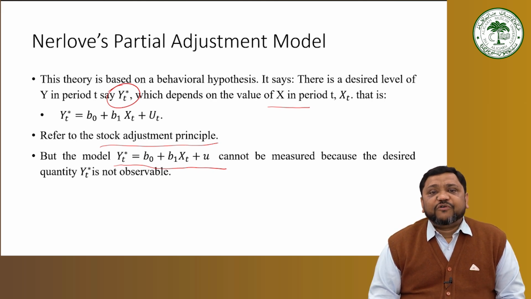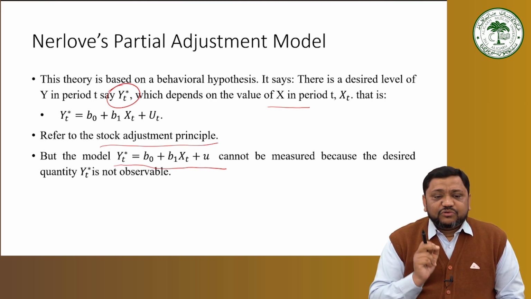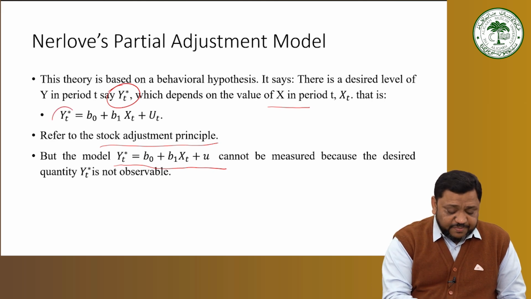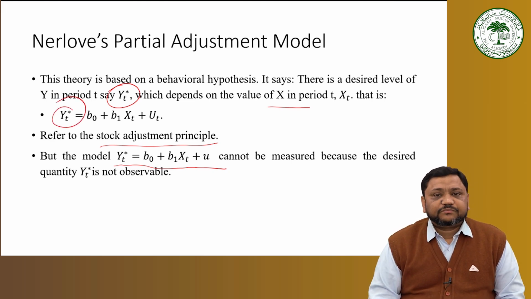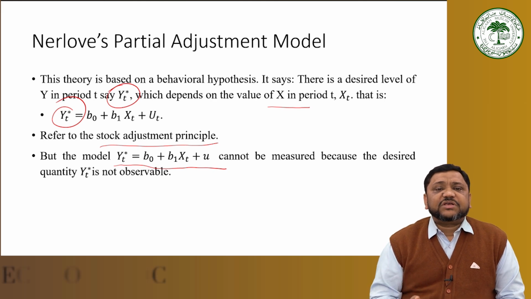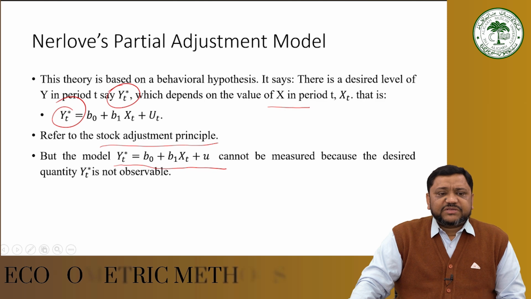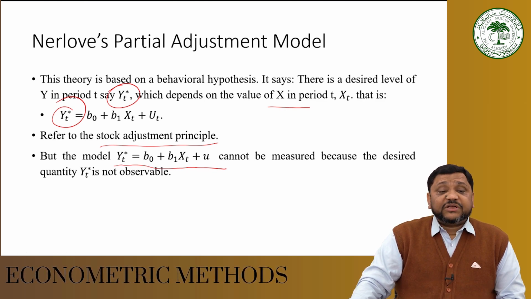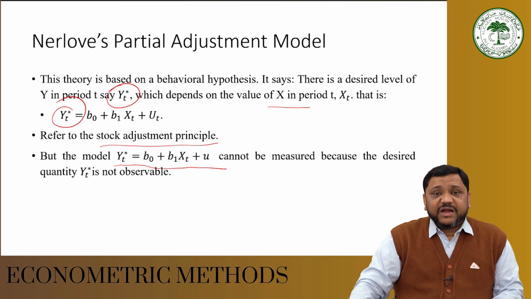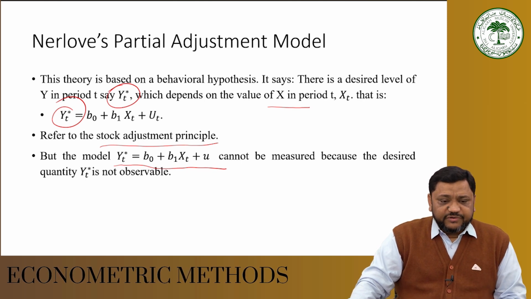But the issue is that this Yt asterisk cannot be directly measured. It is not observable. It is what an entrepreneur thinks is the best level of output for him, but it cannot be directly observed.